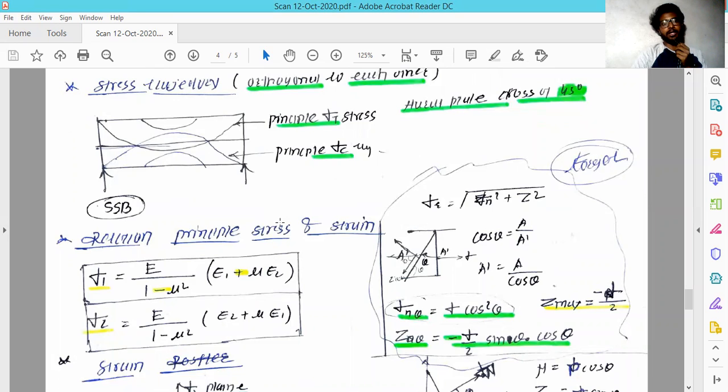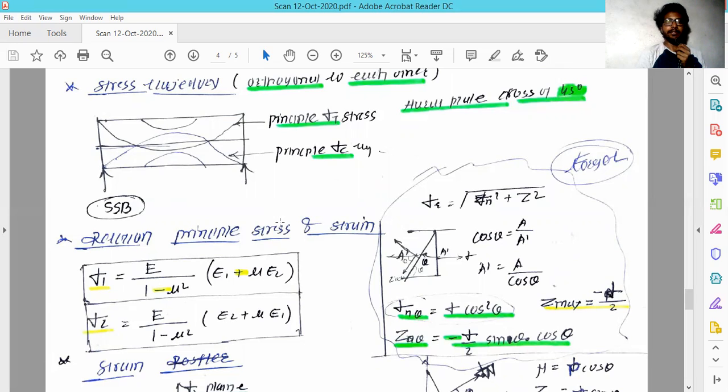Here I have taken the example of a simply supported beam, held at both ends. When you load that simply supported beam, due to the concave shape it will try to sag at the center of the beam.